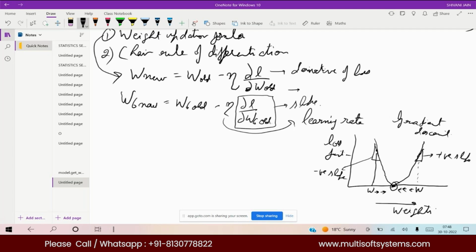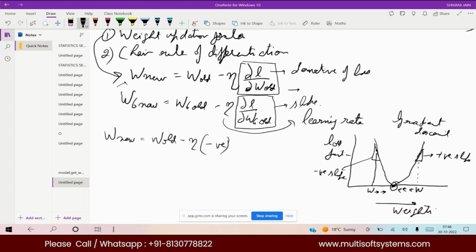If I put this slope value into my formula, what will it be? W new is W old minus eta of the slope, whether it's a positive slope or a negative slope. If I have a negative slope, then this whole term will be negative.